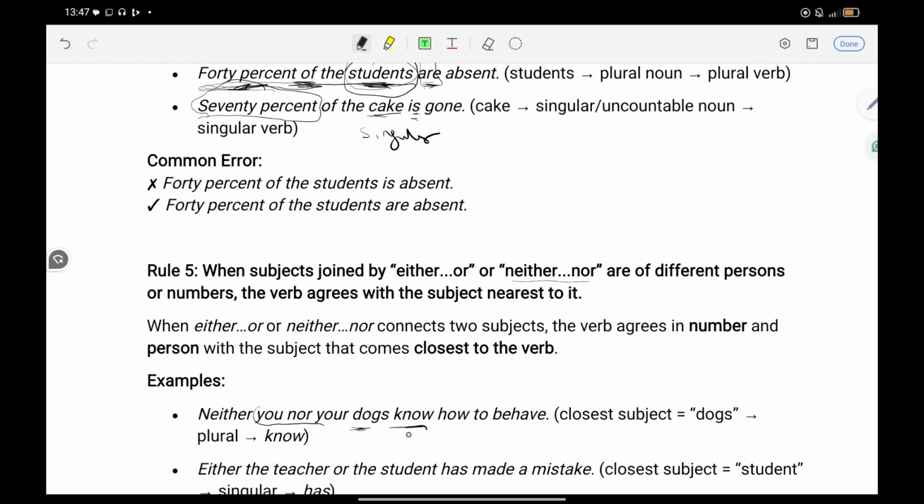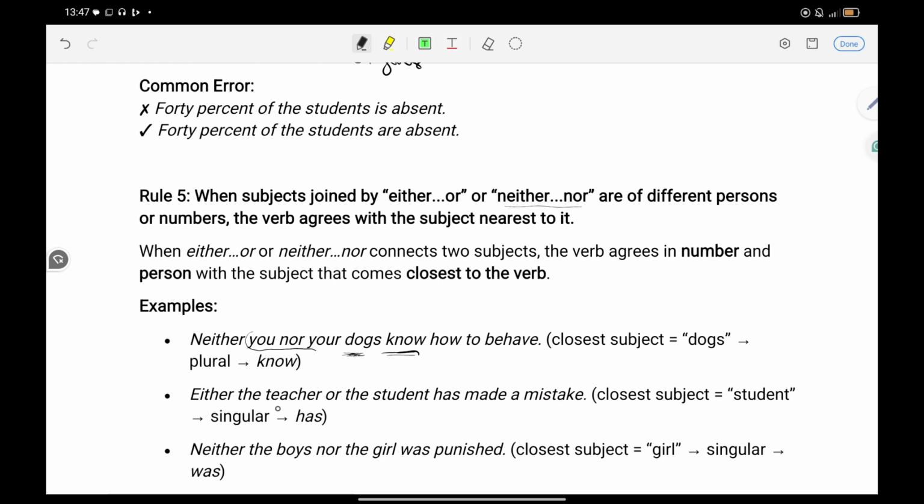So here it is know, because dogs is plural. Look at this one. Either the teacher or the student has made a mistake. This is has because the student is singular, so there has to be a singular verb.